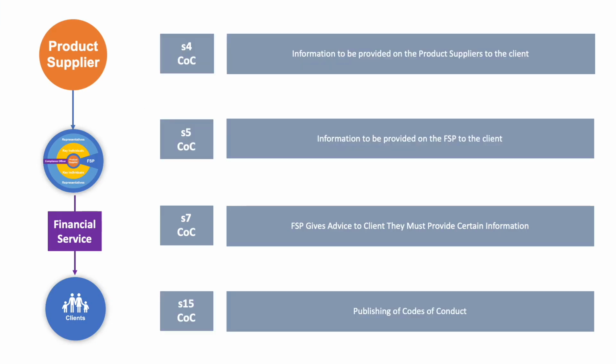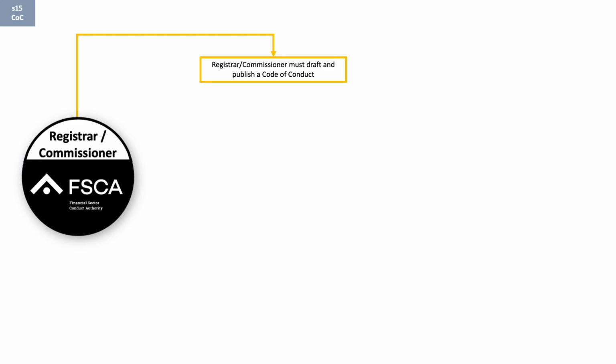Lastly, we will cover Section 15 of the Code of Conduct. Here we illustrate the authority, which sometimes may be referred to as the registrar, the commissioner, or the FSCA. The authority or commissioner must draft and publish a code of conduct.